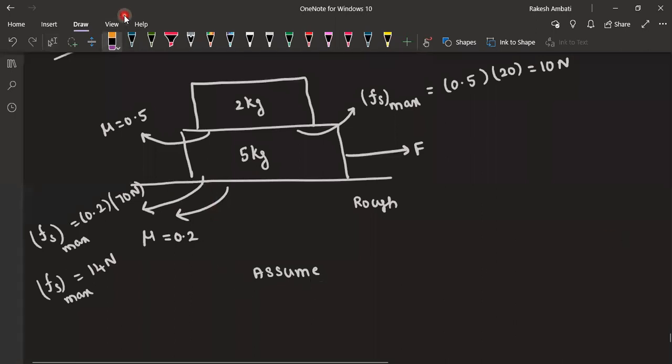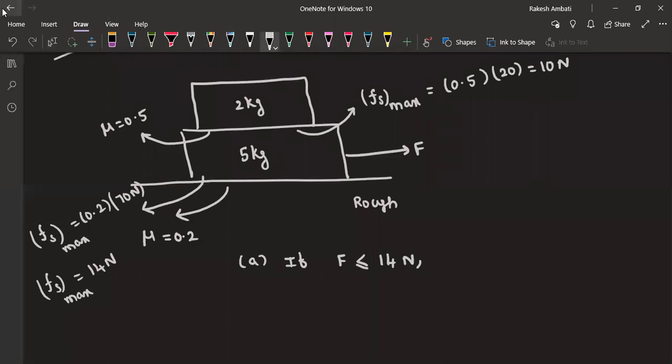The first point in this question is: if the applied force is less than 14 newtons, then what will happen? The body is at rest, both blocks, less than or equal also, correct?